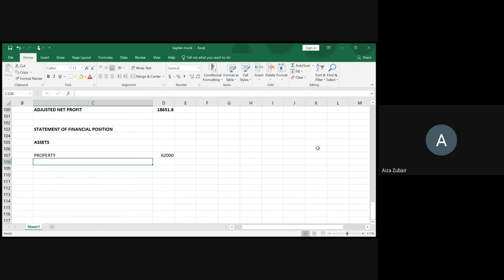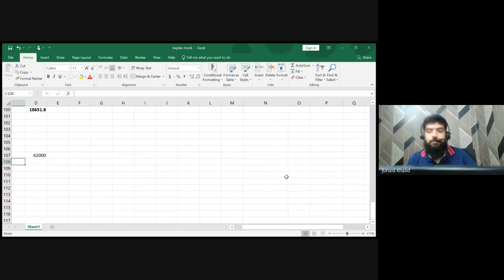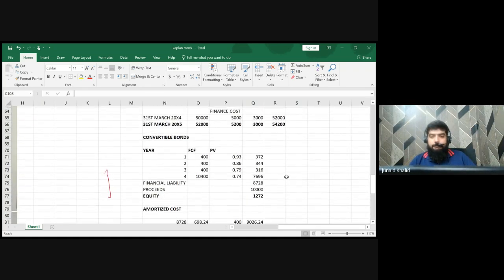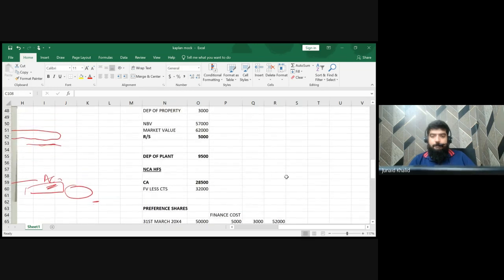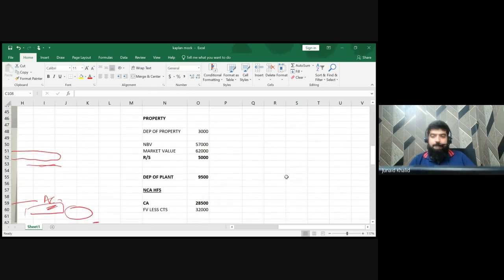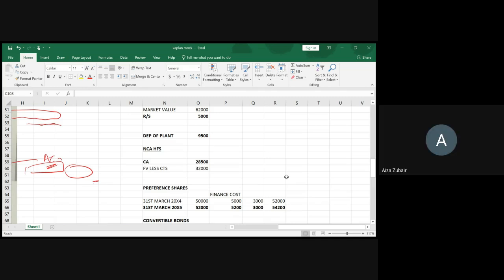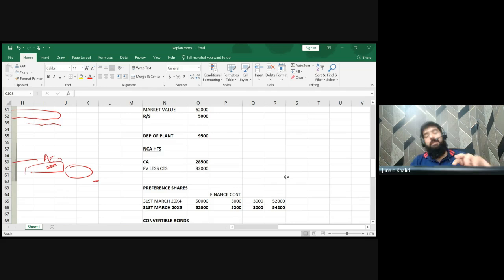We record the carrying amount. We will not recognize the plant, but we will recognize the non-current asset held for sale.